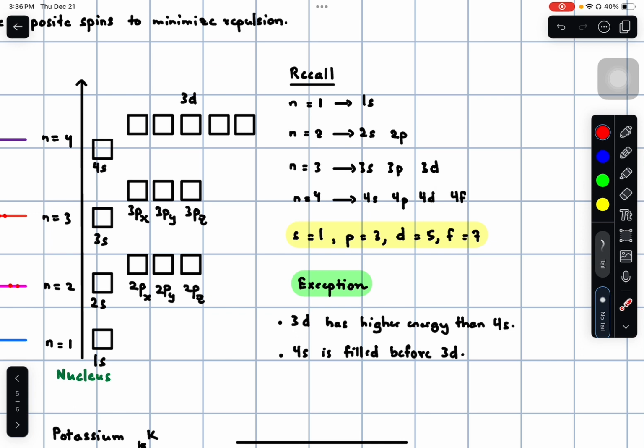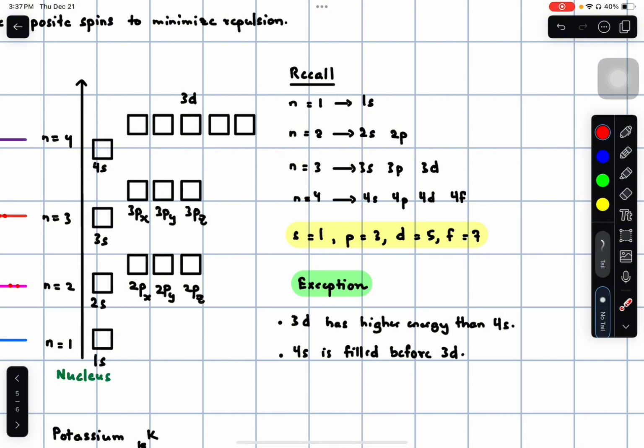Let's take a moment to recall this information. Principal quantum number 1 has only the s subshell, and because it's in principal quantum number 1, we call it the 1s subshell. Principal quantum number 2 has the s subshell and the p subshell, and because it's in principal quantum number 2, they are 2s and 2p, and you'll be able to guess how it works for principal quantum numbers 3 and 4 as well.